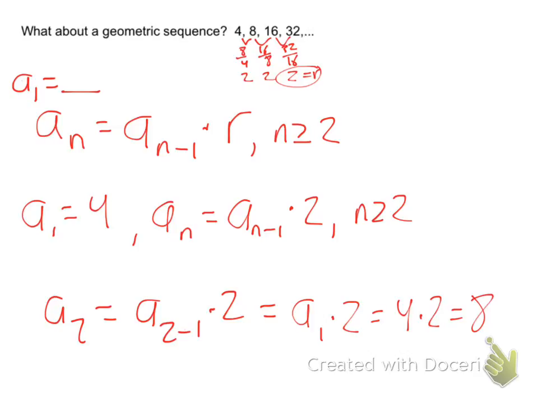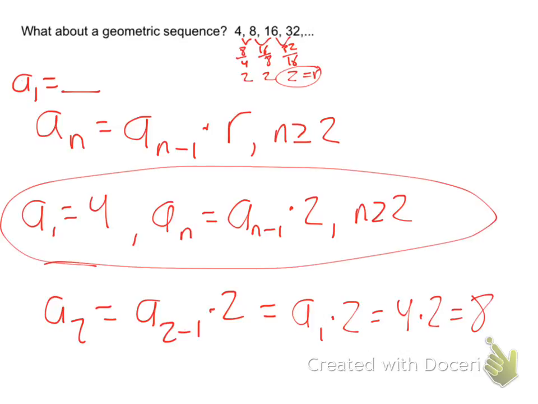Now guys, this equation is really easy to find a1 and r. Because a1's told to you, r is what's multiplied to the term before, which is 2. So if I had to write the explicit formula, there's a1, there's r, I write down the formula, fill it in. Any questions about trying to switch between those forms?